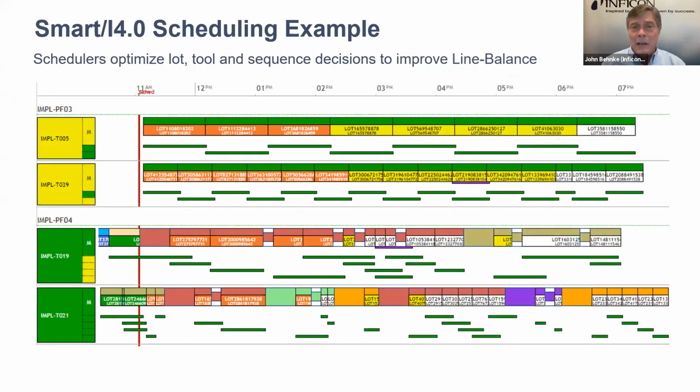Ultimately, by putting all this information together and having a digital twin advanced scheduling system that incorporates the line balance objectives and functions, you create literally a schedule for every single lot and every single tool and every chamber and every sequence for the next 12 to 168 hours, depending upon whether you're a front end or a back end or how complex the line is, all of which is aimed at improving the factory performance, cycle time, and line linearity.